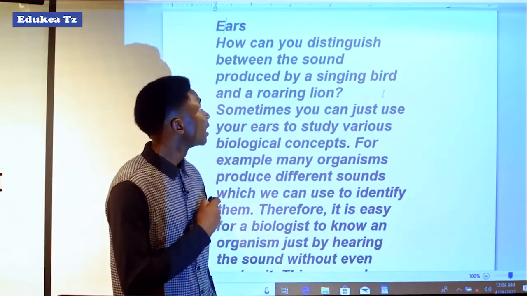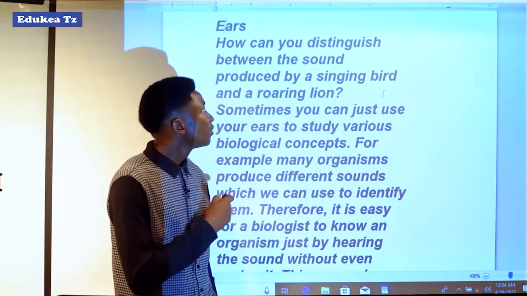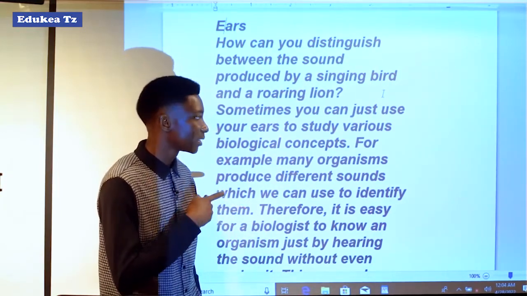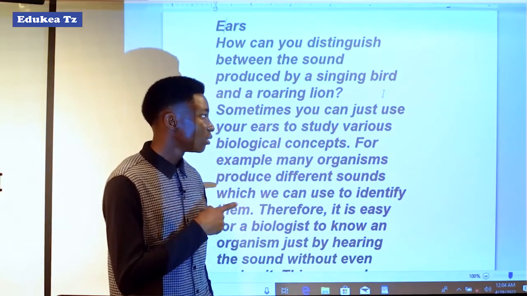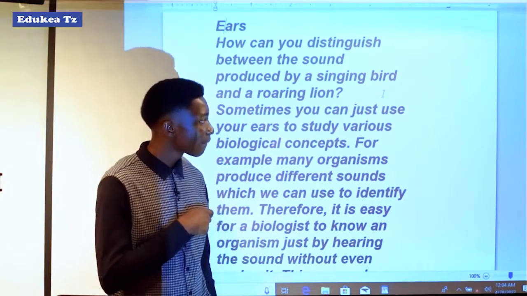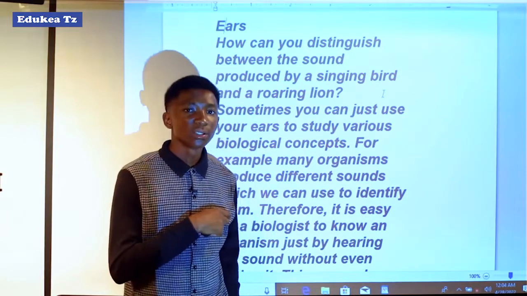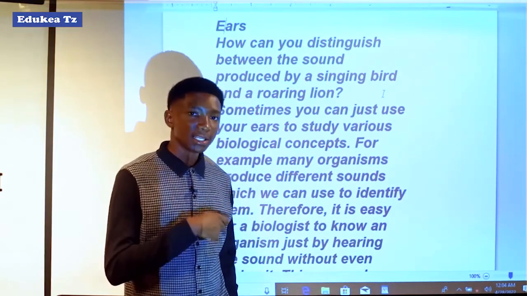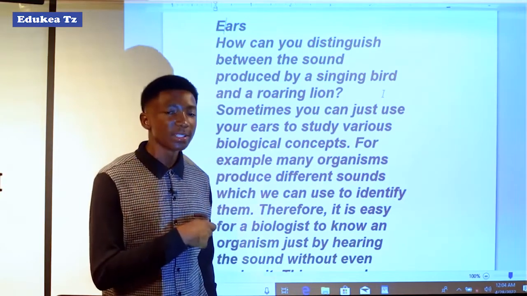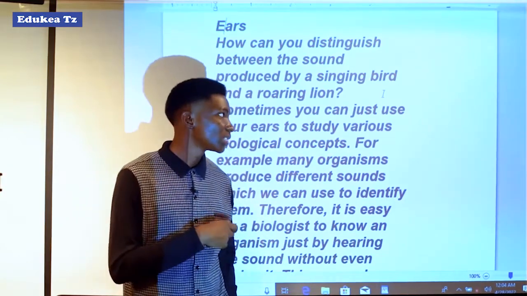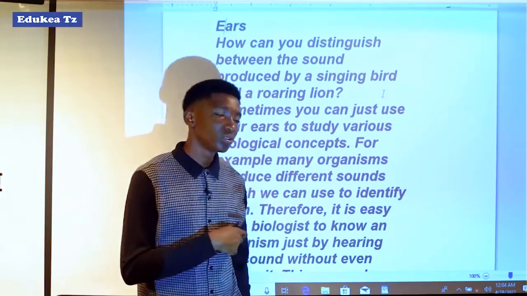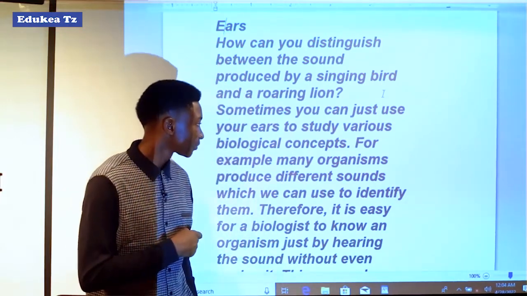That's why through the ear you can make observations through the sound you hear. You can also differentiate music sounds from what you are hearing and know this is one kind of song and this is another kind of song. That is what you call observation.